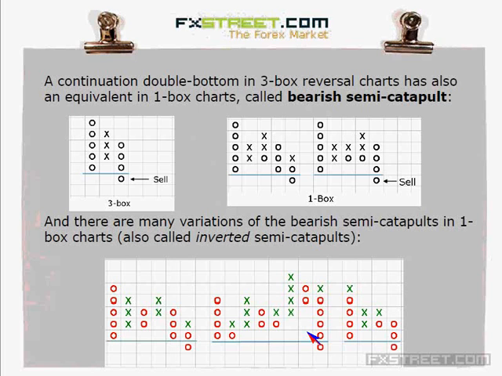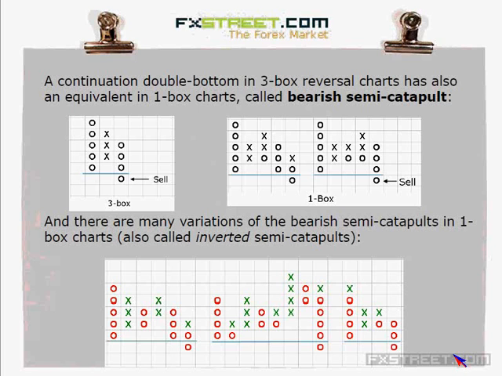Whereas to the upper side we have a bullish semi-catapult. If the breakout, or the breakdown, is to the downside, obviously, then we have the bearish semi-catapult. And there are also many variations of the bearish semi-catapults in 1-box charts, also sometimes called inverted semi-catapults.